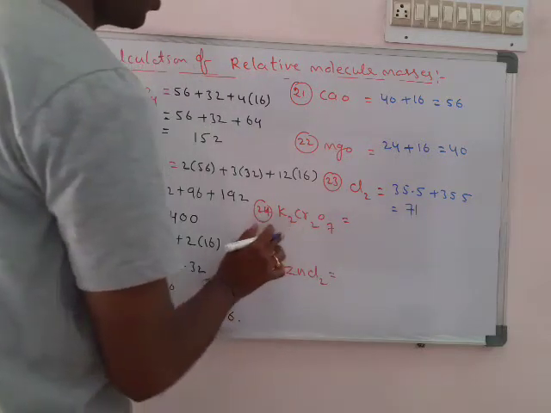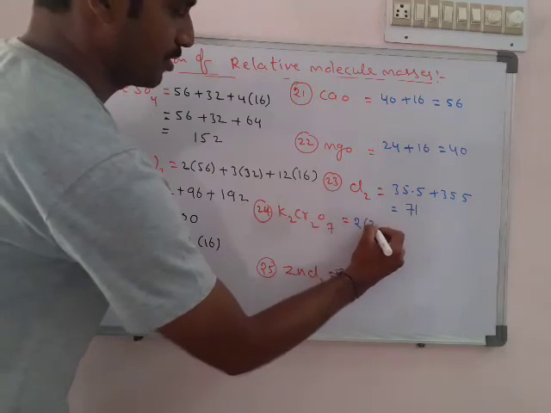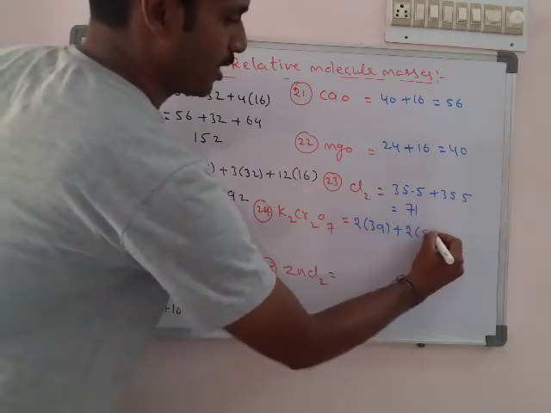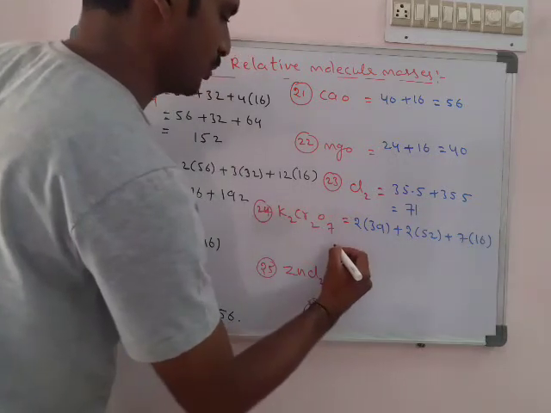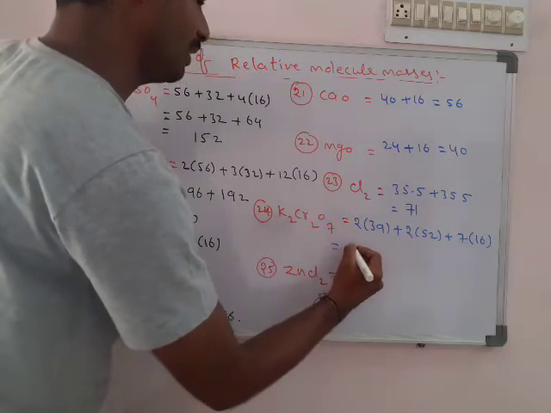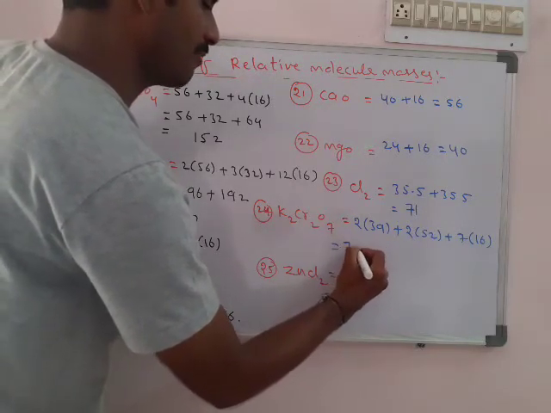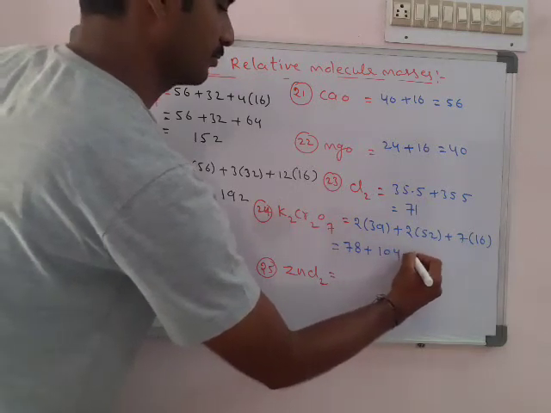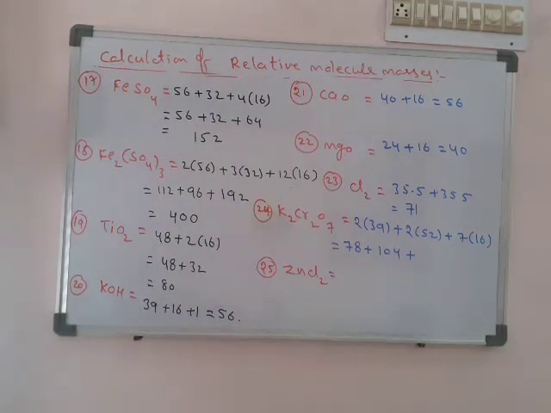71. What is the K2Cr2O7? Okay, 2 potassiums, 2 into 39. 2 chromiums. What is 1 chromium? 52. And 7 into 16. So let's do it. Okay, 30 and 40. Okay, 80. And there is 78. 16, 7.